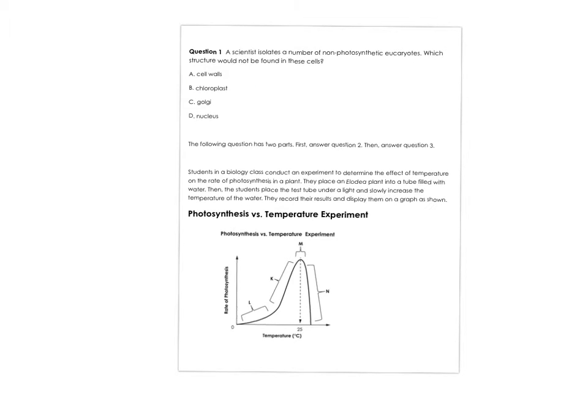So at this point, if you're getting this wrong, you got to ask yourself: is it because you didn't see the not here? Is it because you didn't recognize this as being not a plant? Because non-photosynthetic eukaryotes would have membrane-bound organelles, and therefore the chloroplast would not be necessary.